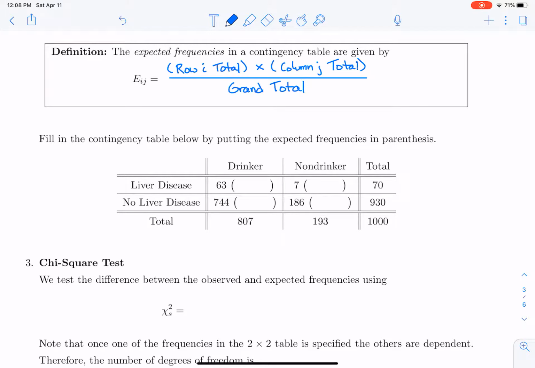So we saw that if we took 70 times 807 divided by 1,000, we got 56.49. If we took 70 times 193 and divided by 1,000, we got 13.51.